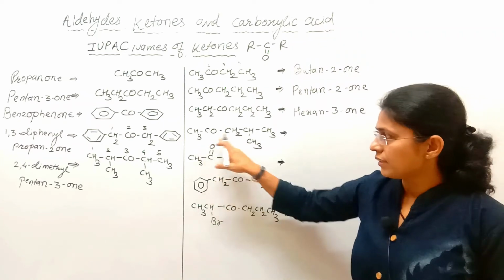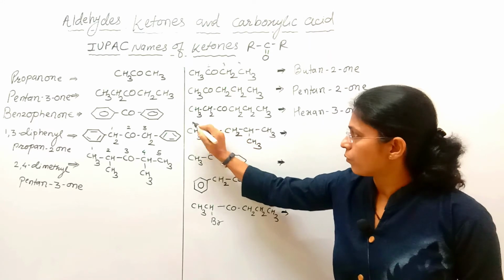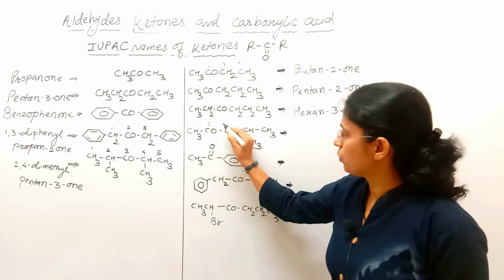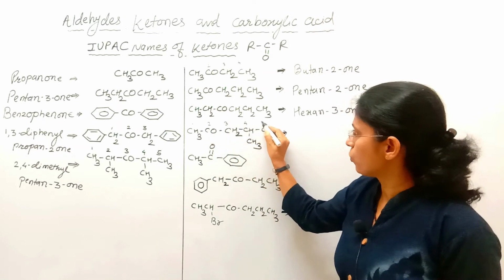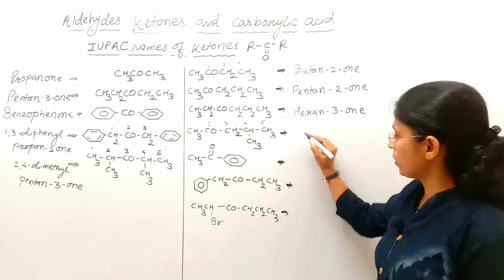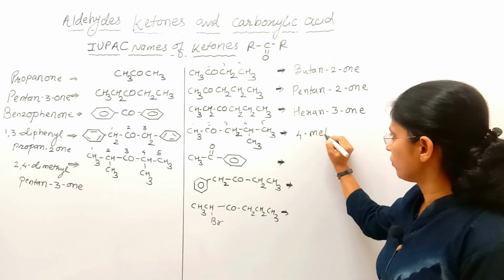So in this compound, number from left to right: 1, 2, 3, 4, 5. At the fourth position there is methyl. So indicate the substituent first: 4 dash methyl.